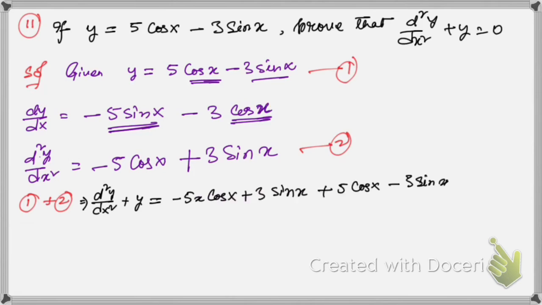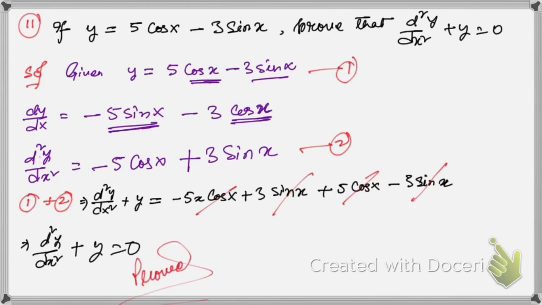We have added the left hand sides of 1 and 2 and the right hand sides of 1 and 2, so these terms are cancelled. Here you can clearly see minus 3 sin x plus 3 sin x, plus 5 cos x minus 5 cos x. So it's gone, isn't it? So we have got this equal to 0. That's proved. So hope you have understood how to solve question number 11.